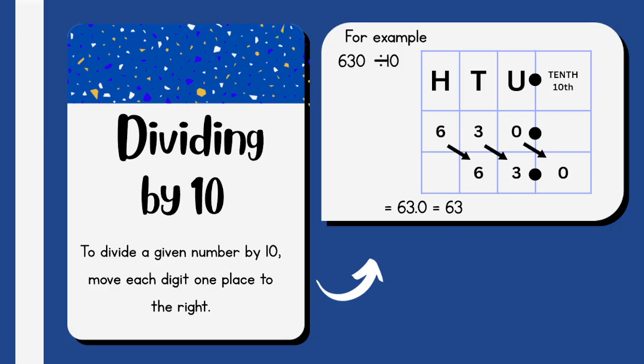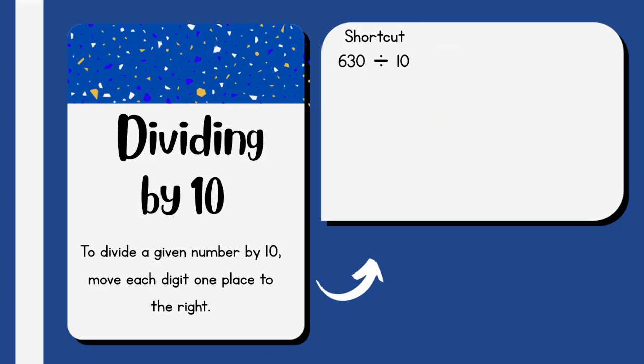There's a shortcut to it. If you want to use shortcuts, let's look at it. We have 630 divided by 10. You just cancel the zeros.